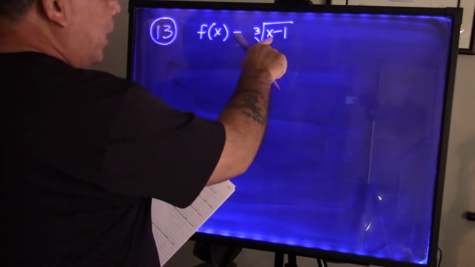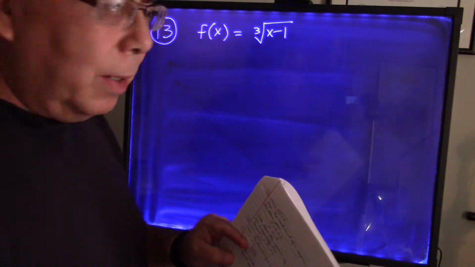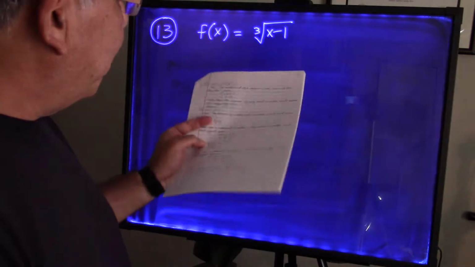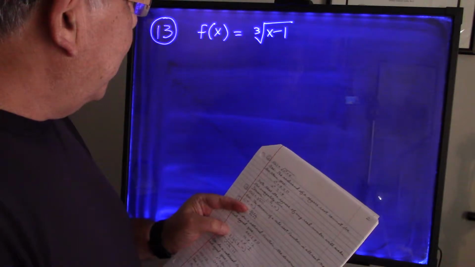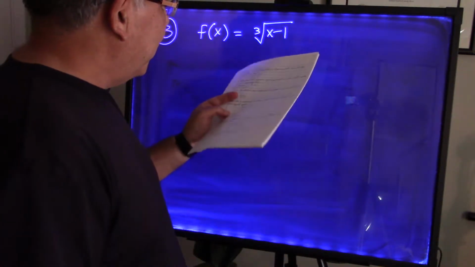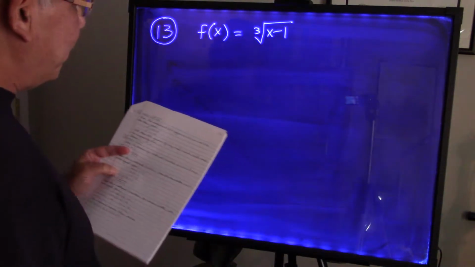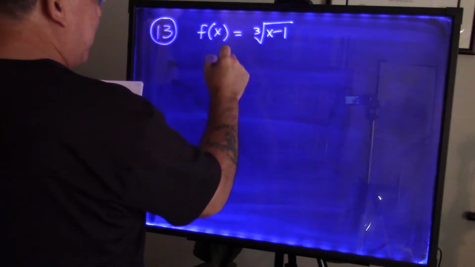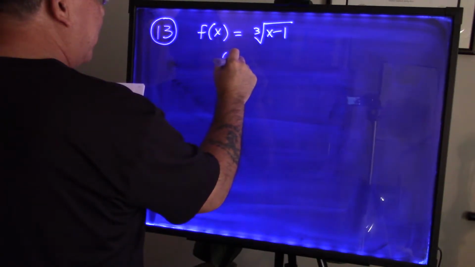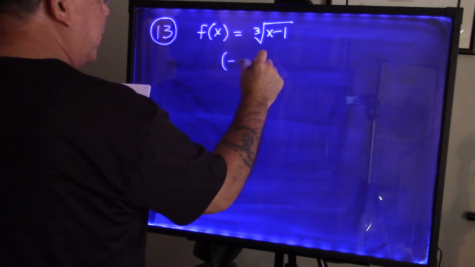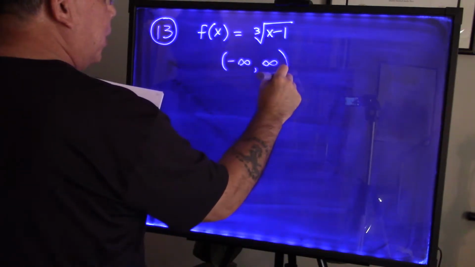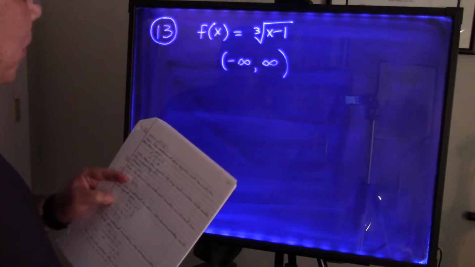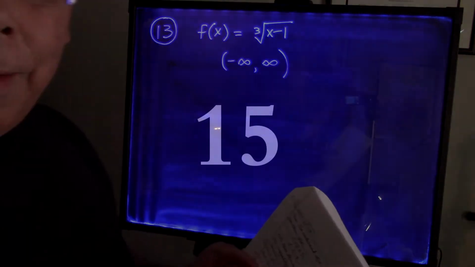So certainly x minus 1, no matter what x is, will be defined when you take the cube root of that. So anything will work here. There's no need to solve anything here. You just think it through. And the domain is all real numbers, negative infinity to infinity. Yeah, you can take cube roots of positives, negatives, whatever. All right.